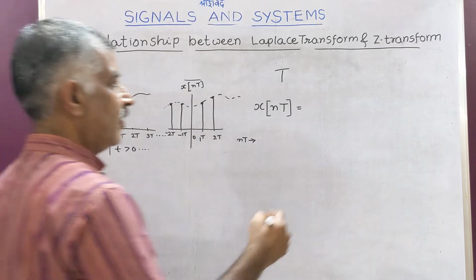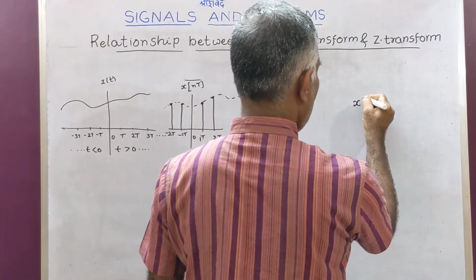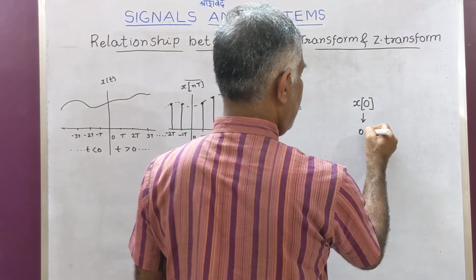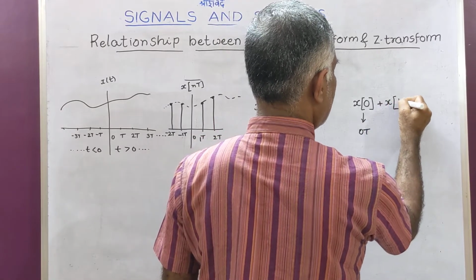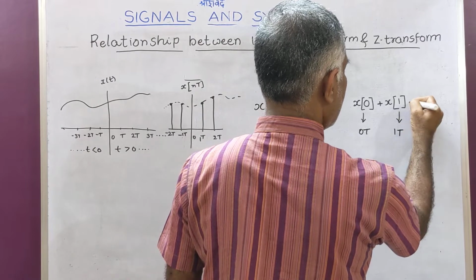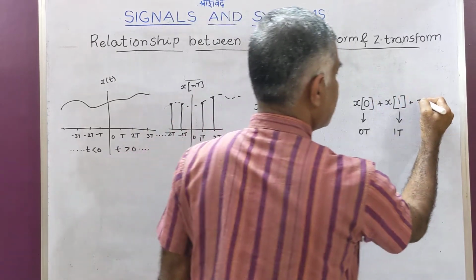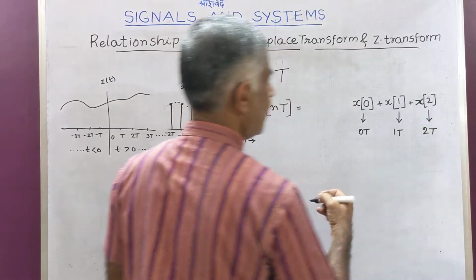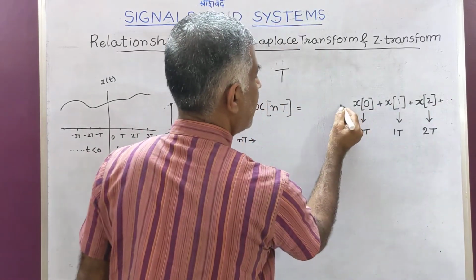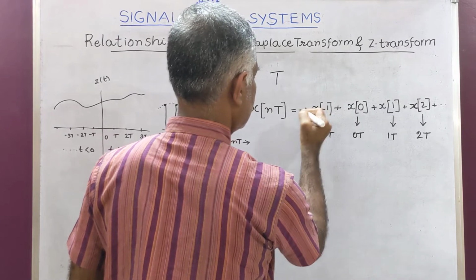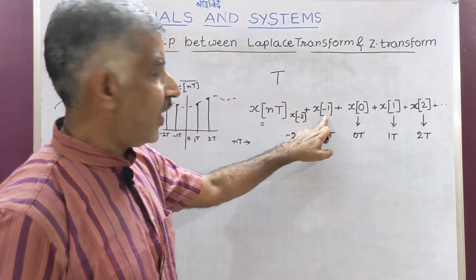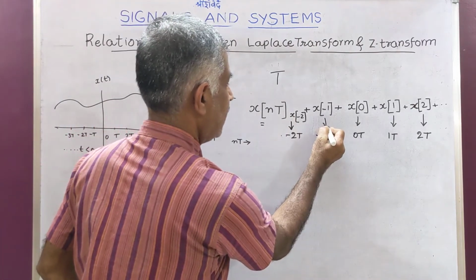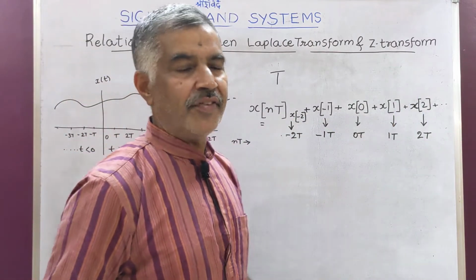This x of nT is x of 0, which exists at 0T, plus x of 1, which exists at 1T, x of 2, which exists at 2T, etc. Next, x of minus 1 exists at minus 1T, x of minus 2 exists at minus 2T. Is it not? So in this way one can write the discrete signal.